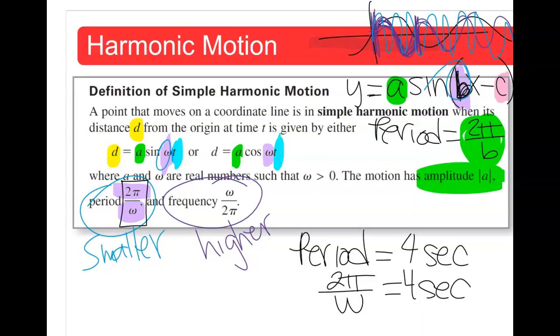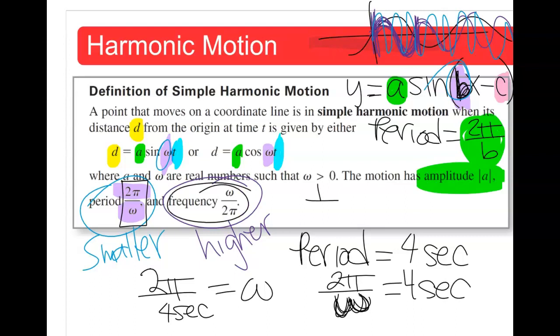So to find the frequency of this one, or I'm sorry, to find omega, we will solve for it, and it will be 2 pi divided by 4 seconds equals omega. And we already know that the frequency is 1/4.